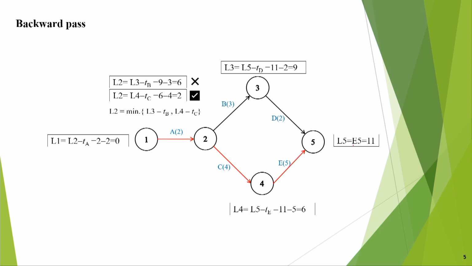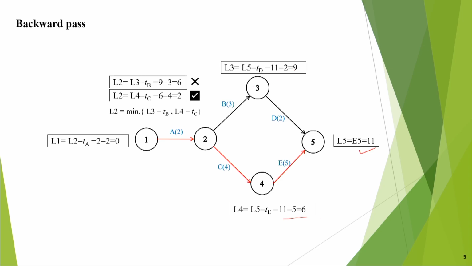So we will first give L5 is equal to E5, that is 11. This will always be written because the last event is 5, and then you go backward, you keep subtracting. L4 is L5 minus TE. So 11 minus 5 is 6, and event 3, L3 is equal to L5 minus TD, 11 minus 2 is 9.